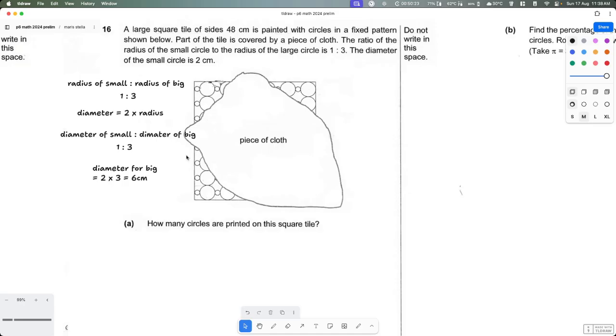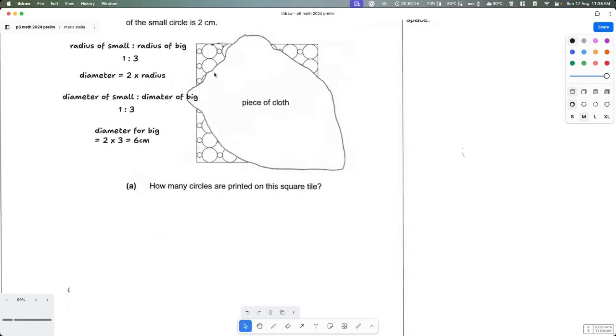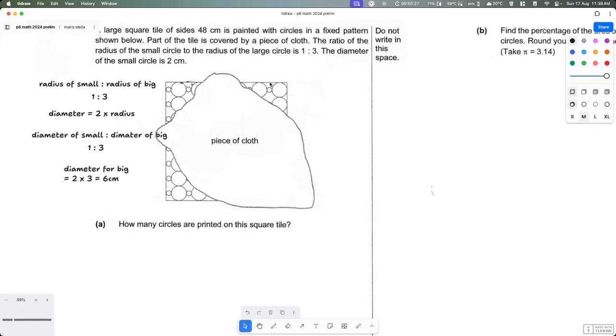So for this, we want to know the repeating pattern. The repeating pattern is this over here. So the repeating pattern is equal to one small circle plus one big circle.